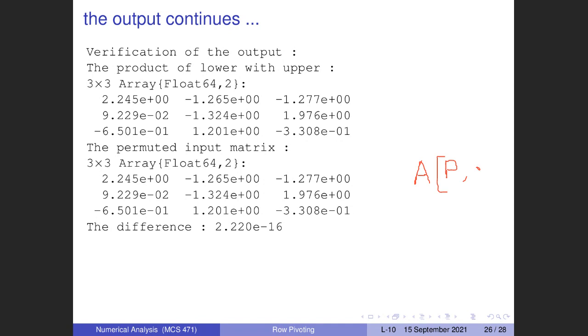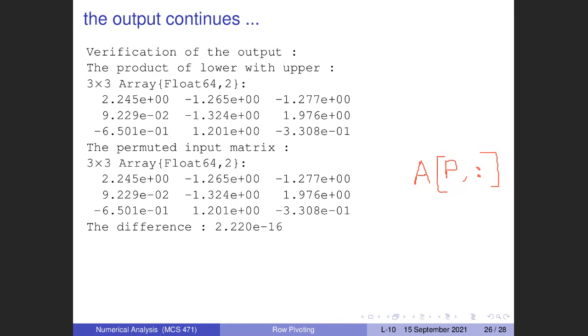So we select the elements on the rows defined by the permutation vector, and we select all columns. So this is the permuted input matrix. Now we printed everything out with 4 decimal places, but you can see that the difference is actually machine precision. So this was a great calculation.